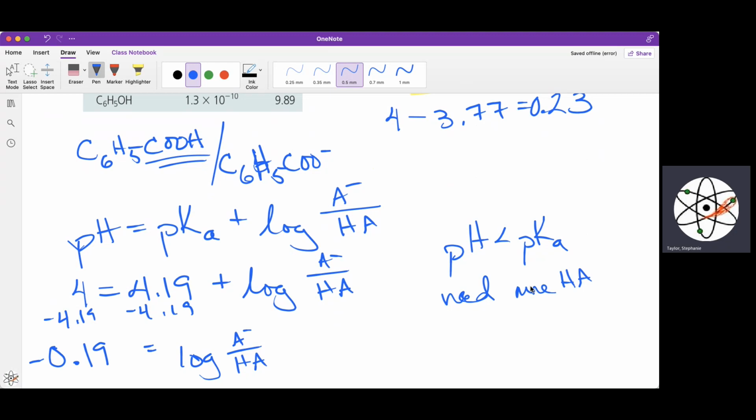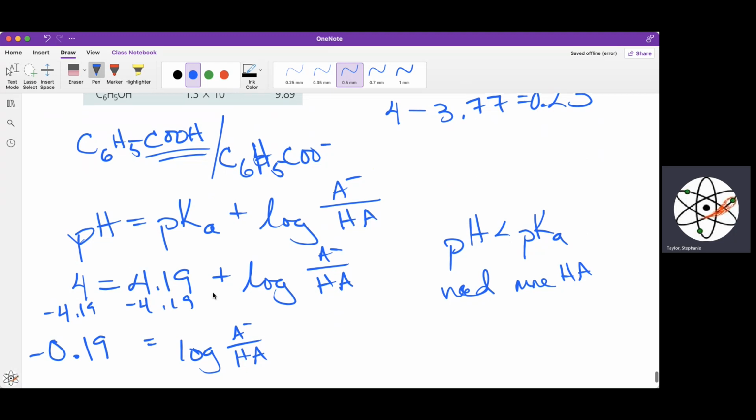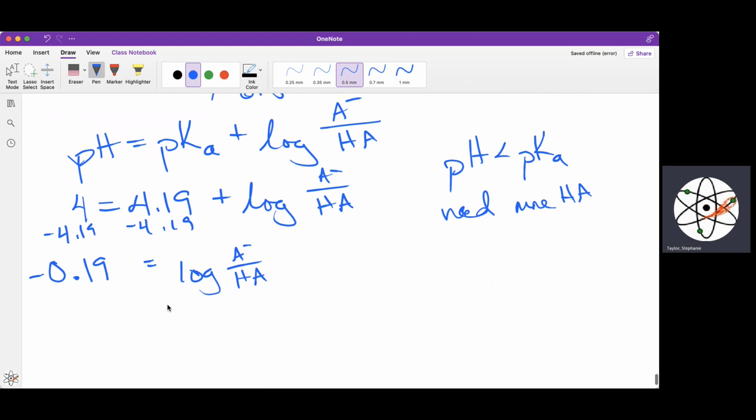If I had an equal amount, I would be at my pKa. I want less than my pKa value, and to get a lower pH, I need more acid. So when I get this ratio back, that should be what happens. This is then 10 to the negative 0.19, so whatever that number is, raised to that power, is going to be equal to my ratio.